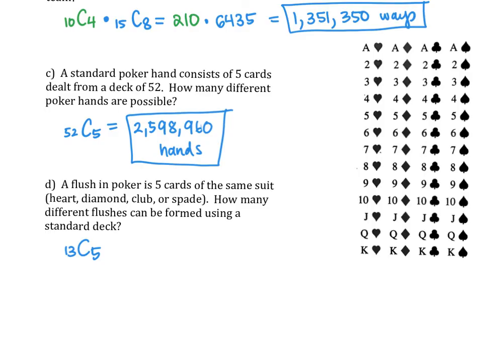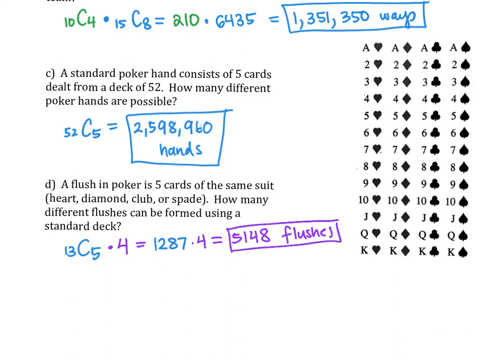So I could do 13 choose 5, and then I could multiply it by 4 because there's 4 different suits. And I'll see what this gets me. So there's 5,148 flushes possible, which when you consider the total number of hands in the deck is not very many.